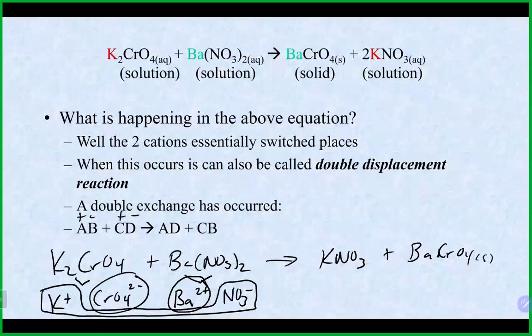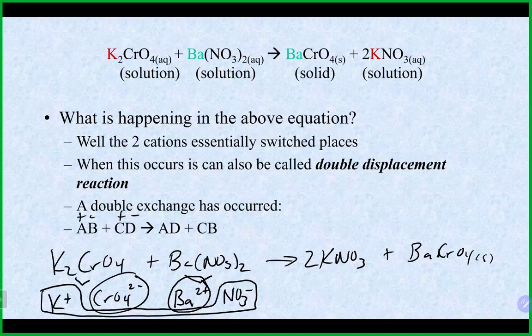It's at this point, now that you have the proper formulas, that you should balance it. And that's how the 2 gets to the front. That's where it should be in that case. So it's a very common mistake, I think we talked about it when writing equations, that people try to put it together on the other side and balance it at the same time. Remember, you want to put it together with the proper formulas first and then go back and balance it.